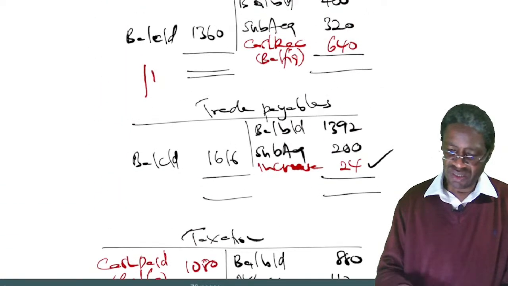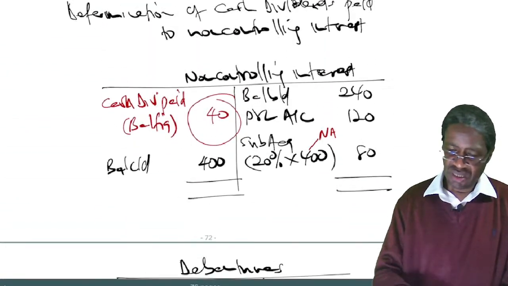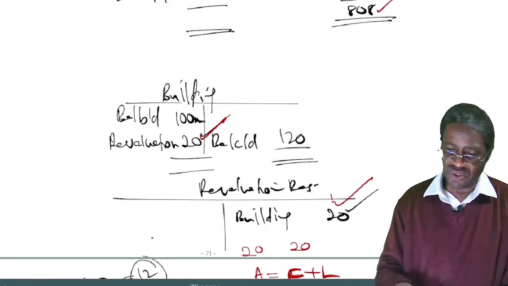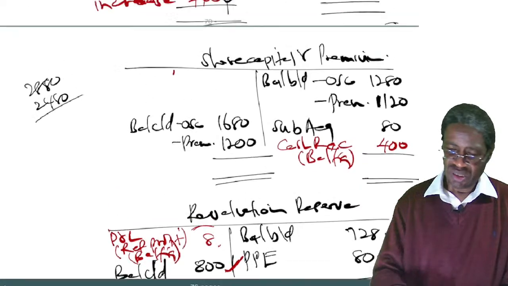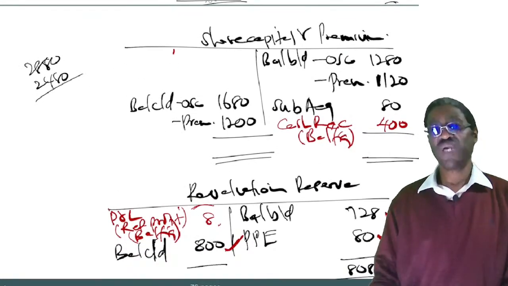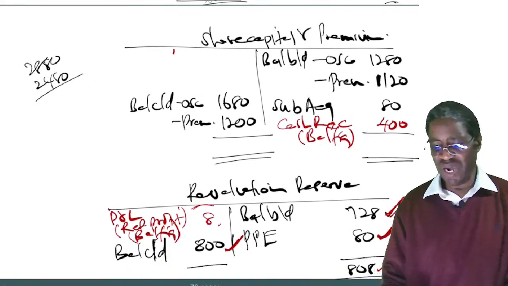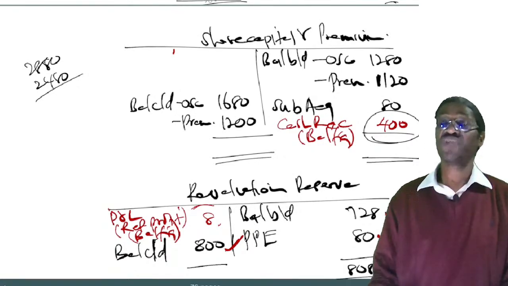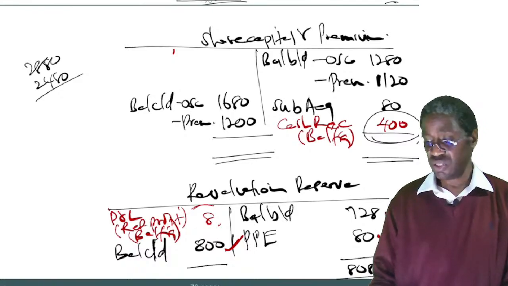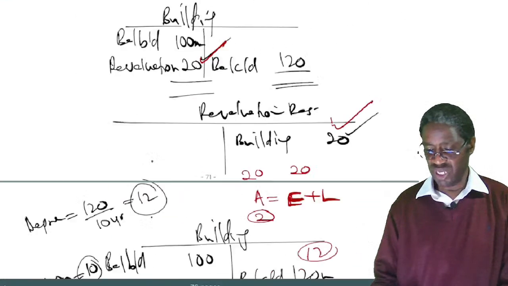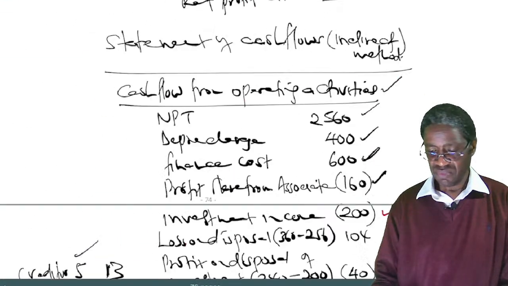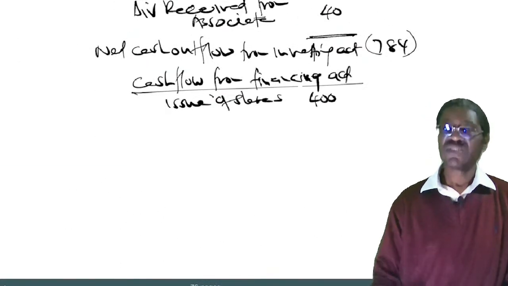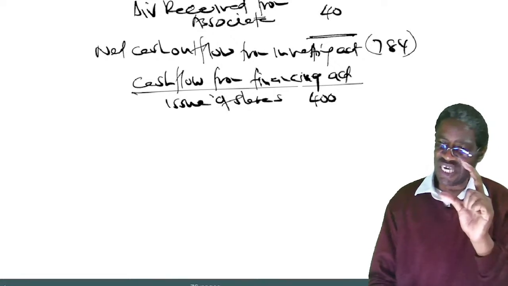Where is the account called share capital? It's here. When we analyzed it, we got a balance of 400 million to be the cash received from the issue of shares. That's where we got it. Bring it. That's 400.